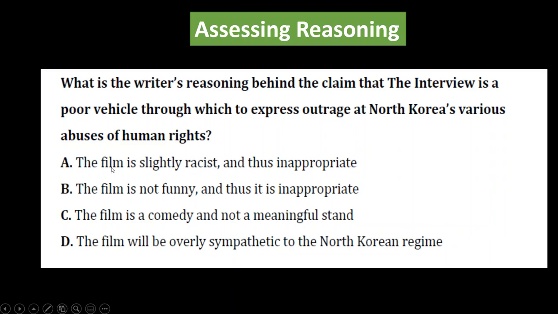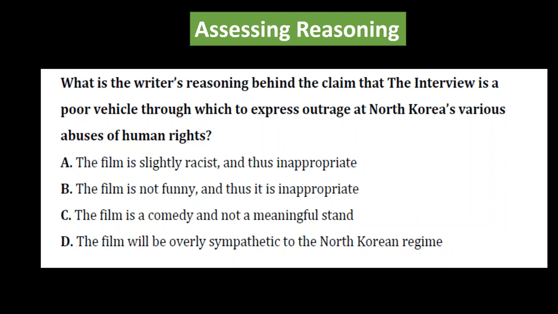Is it A, the film is slightly racist and thus inappropriate, or the film is not funny and thus is inappropriate, or the film is a comedy and not a meaningful stand, or the film will be overly sympathetic to the North Korean regime?